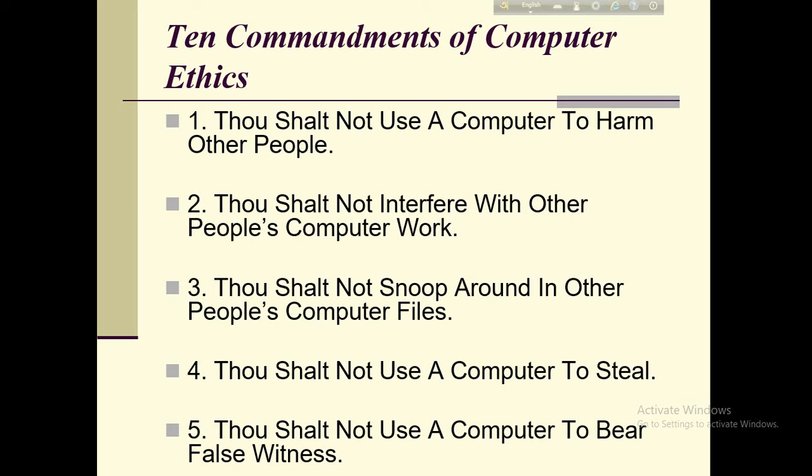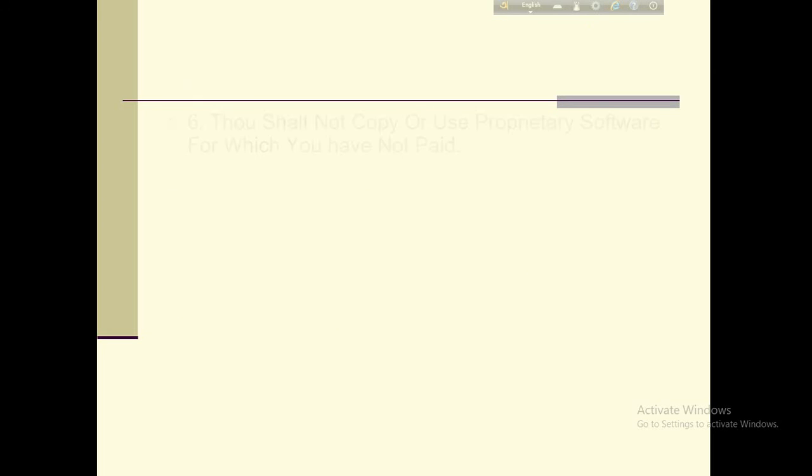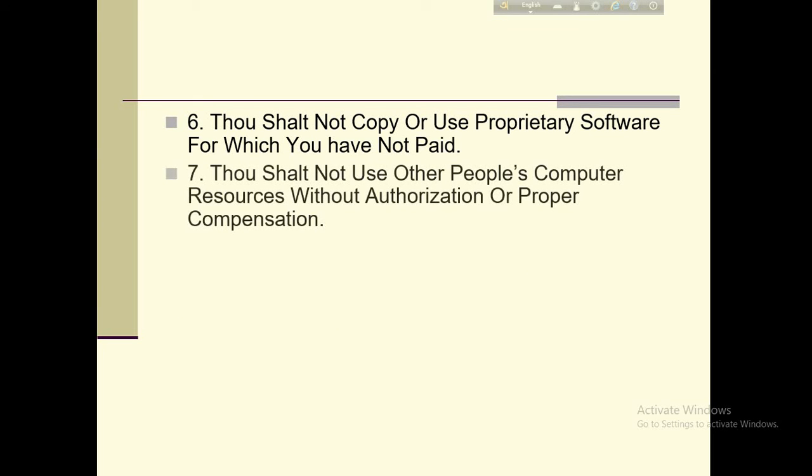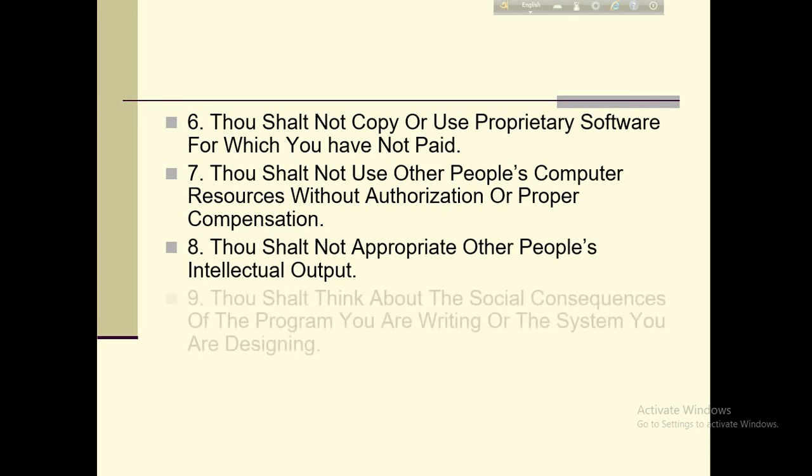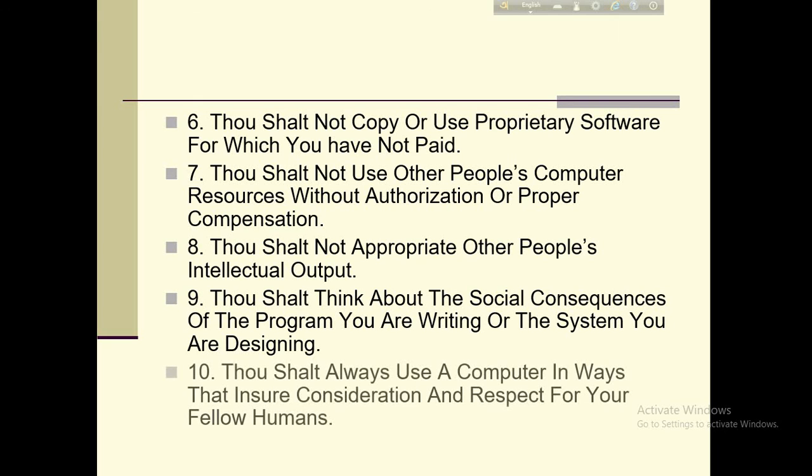We will not use a computer to give false witness, etc., and we will not get involved in software piracy, etc. So we should learn these 10 points. They are very important for the ethical use of computers.